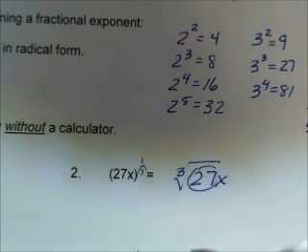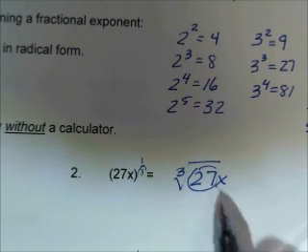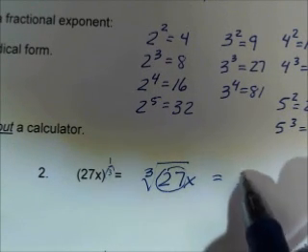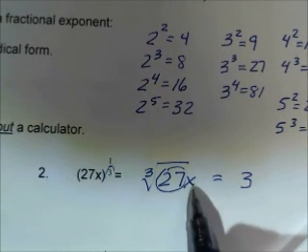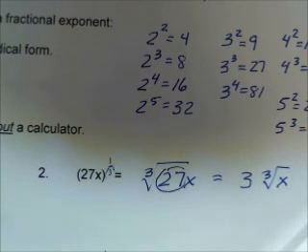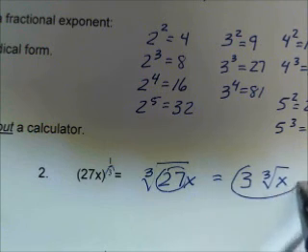Remember how we used to simplify these? We would circle the things that were perfect. Out comes its cube root, which is 3, and the rest stayed. Cube root of x stays. And that's our answer.